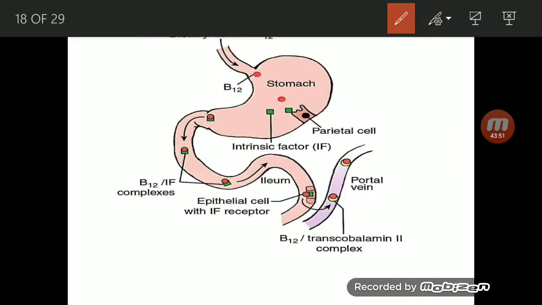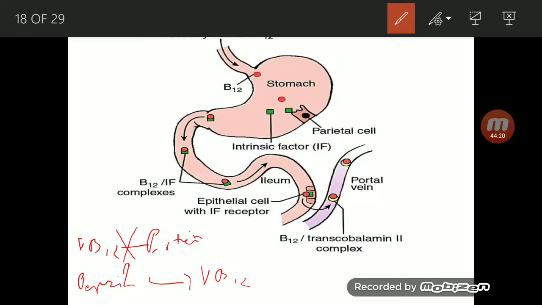Normally your vitamin B12 is not in its free form in your food, it is bound to a protein. So after you take your food, in your stomach, pepsin acts on this complex and breaks off your vitamin B12 from your protein, and you get separate vitamin B12.